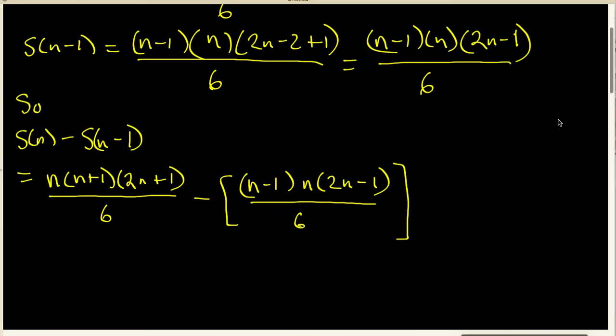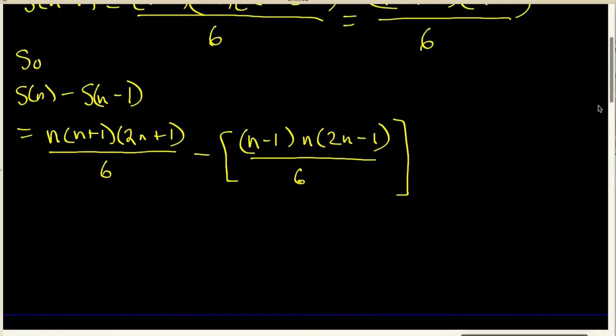So what I want to do is I want to actually do the algebraic simplification in a way that may not immediately strike you as being the first thing to do, but I want you to start looking for these tricks. I have an n in there, and I have an n in here, and I have a 6 here, and I have a 6 here. That means I can factor an n over 6 out, and that's going to reduce the number of things that I have to multiply.